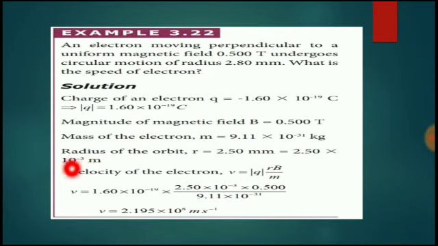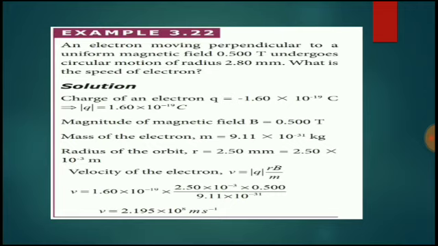Millimeter is nothing but 10 power minus 3 meter. Therefore the velocity of the electron, v is equal to q B r divided by m. So if you put in the q value, r value and B value divided by the m value and simplify, you will get v, which is equal to 2.195 into 10 power 8 meter per second, because velocity unit is meter per second.